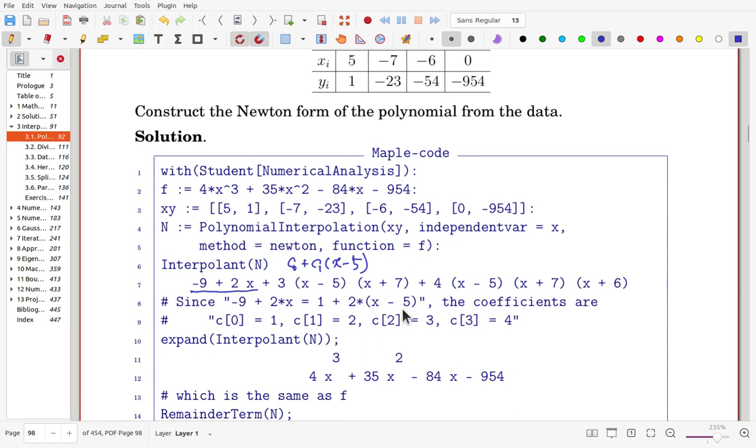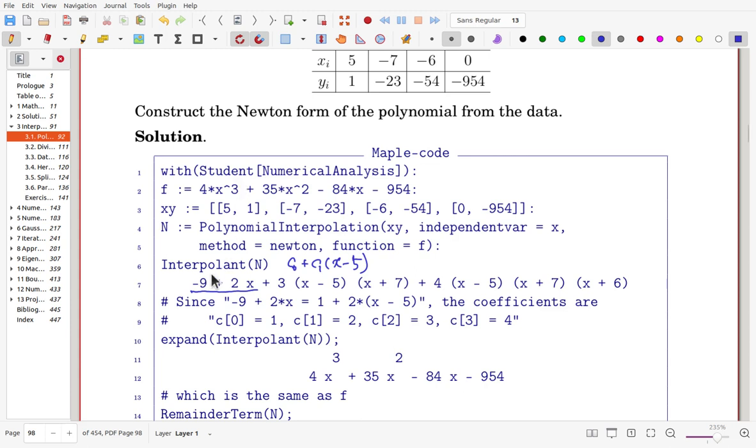It is happening because now we are using the student version of numerical analysis. I guess Maple, the company, should not do this way. The student version will be cheaper than the original version.